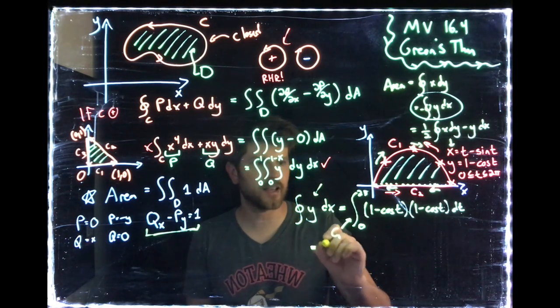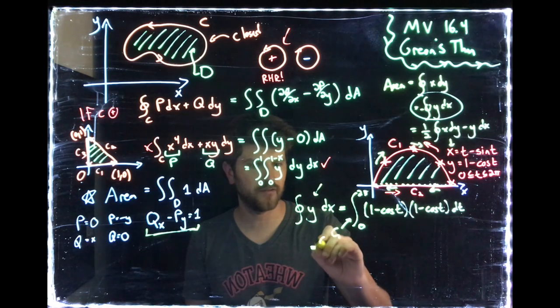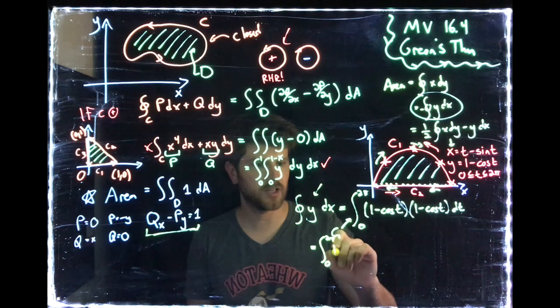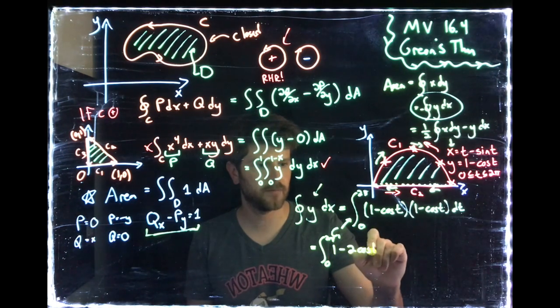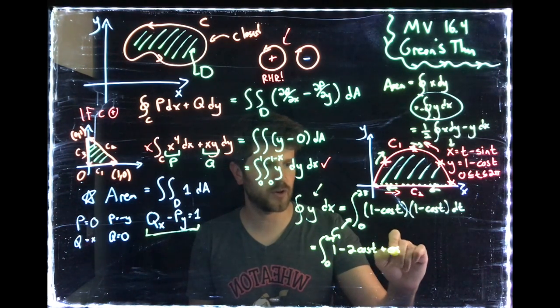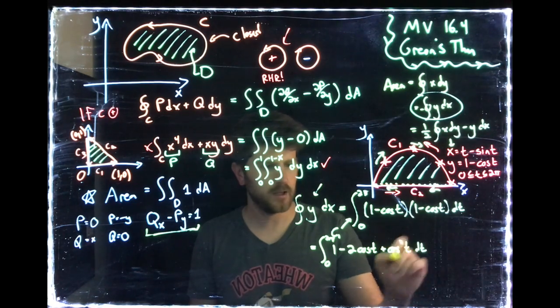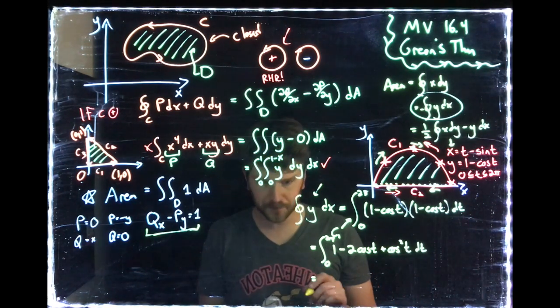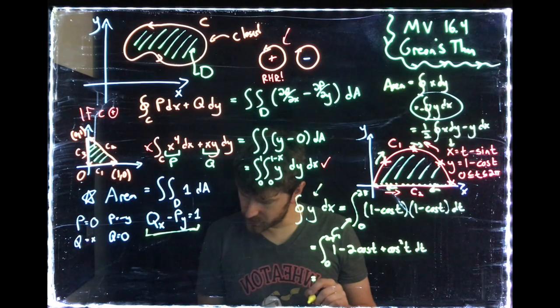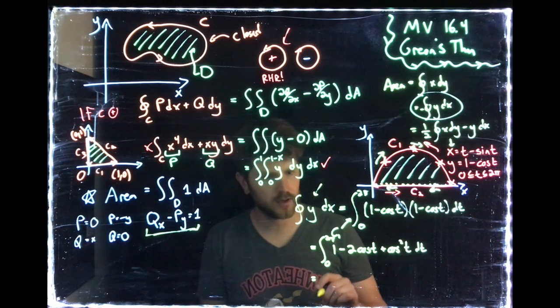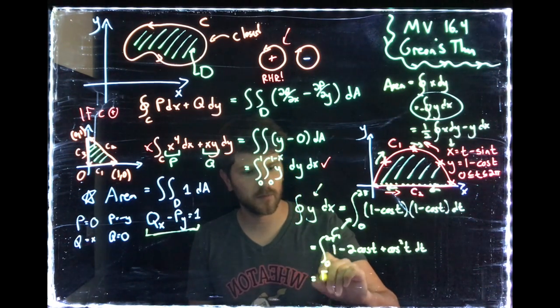So in this case, I can go ahead and calculate this. I can FOIL this out, from 0 to 2 pi. This is going to be 1 minus 2 cosine t plus cosine squared t dt. When I go to calculate this, I can take my integral.